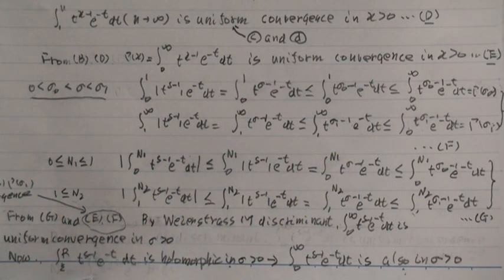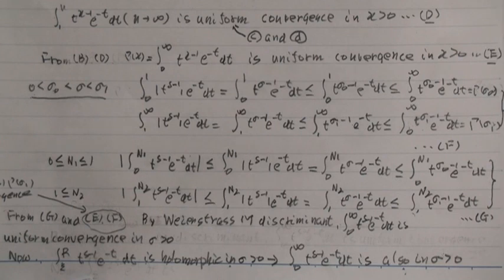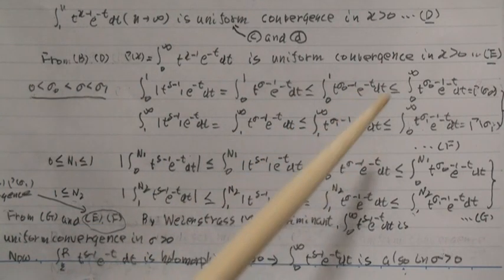And this value is less than or equal to t^(σ₀−1), σ₀. On this interval, t^x is a decreasing function.